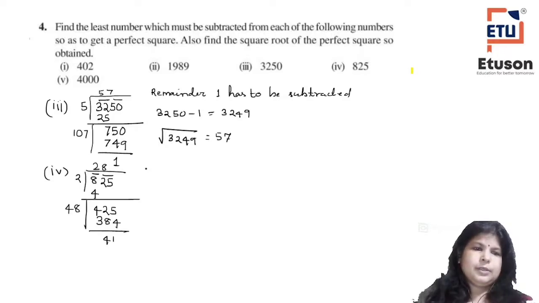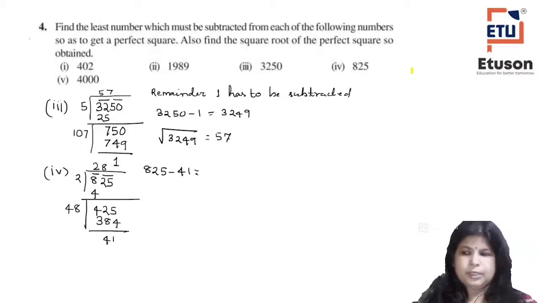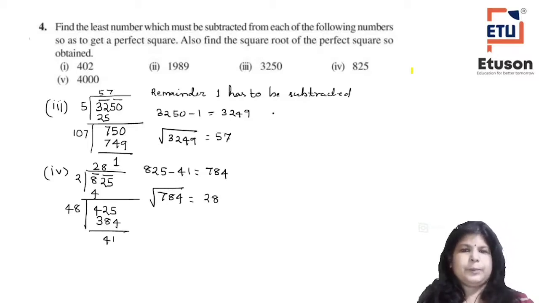So this remainder 41 has to be subtracted from 825 in order to get a perfect square. So you will get 784 and the square root of 784 is equal to how much? It is equal to 28, right?